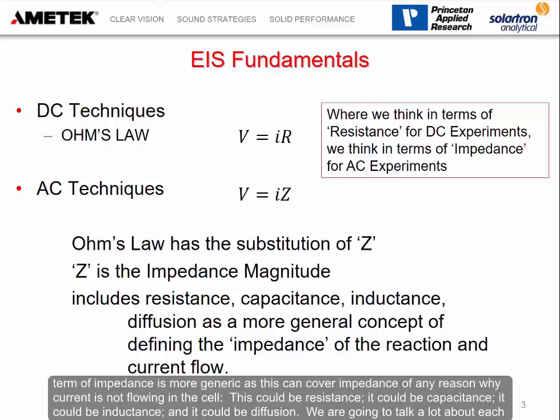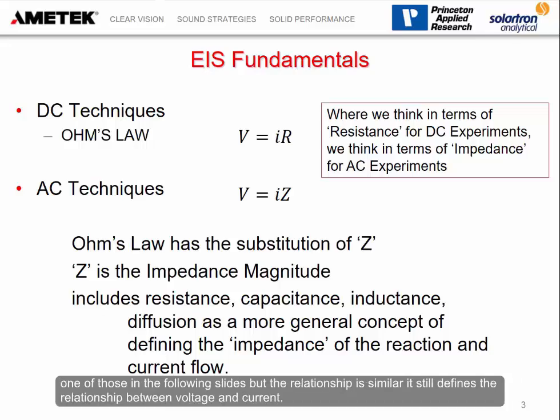It's more generic because this can cover impedance of any reason why current is not flowing in the cell. This could be resistance, it could be capacitance, it could be inductance, and it could be diffusion. We're going to talk a little bit about each one of those in the following slides. But the relationship is similar. It still defines the relationship between voltage and current.